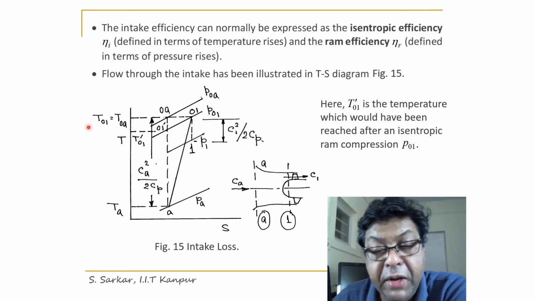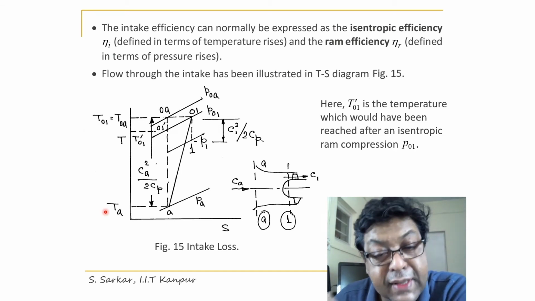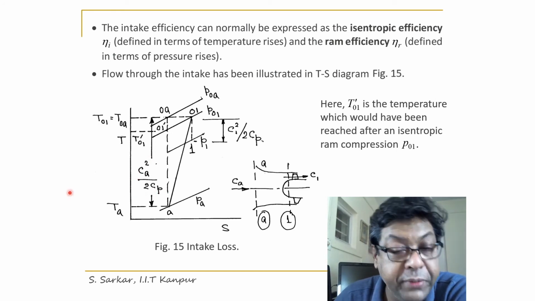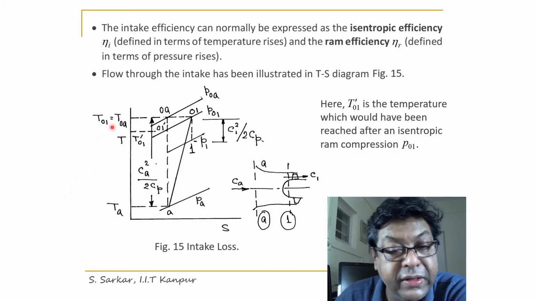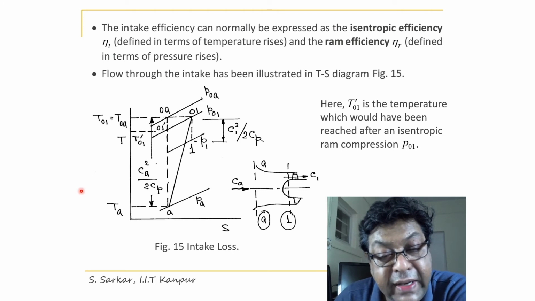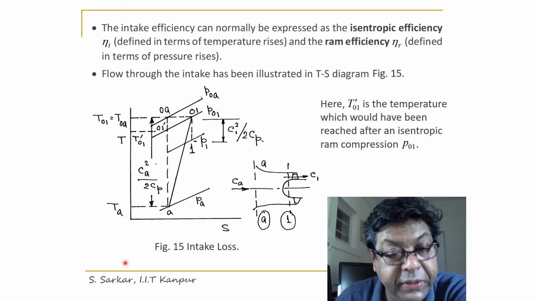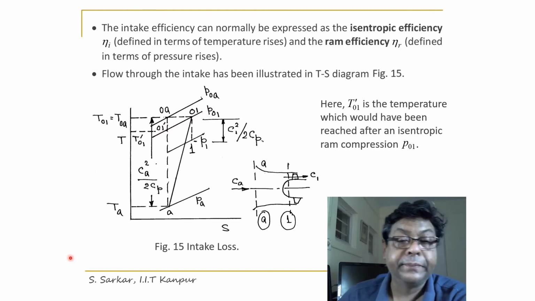Now the difference of temperature between T01 and TA is nothing but Ca squared by twice Cp. Thus, I would like to say here that T01 is equal to T0A, and the difference between T01 and TA is equal to Ca squared by twice Cp. Thus, I have indicated the state point 01 along with the pressure and temperature.